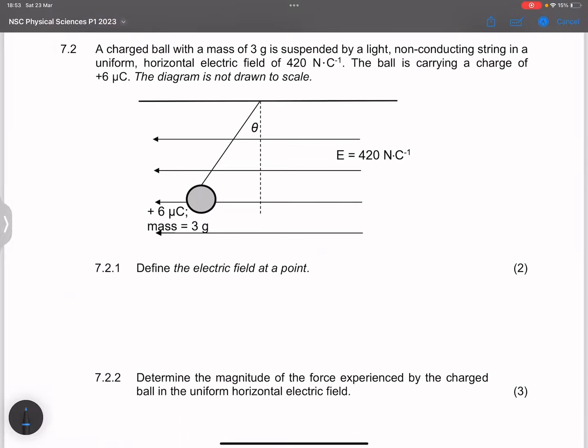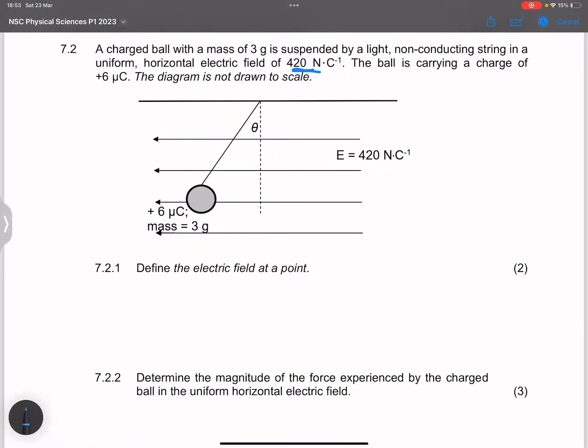They say to us, we've got a charged ball with a mass of 3 grams that is suspended on a light non-conducting string in a uniform horizontal electric field. So the field is 420 newtons per coulomb. The ball is carrying a charge of 6 microcoulombs. The diagram is not drawn to scale.